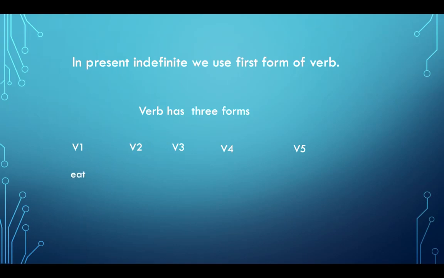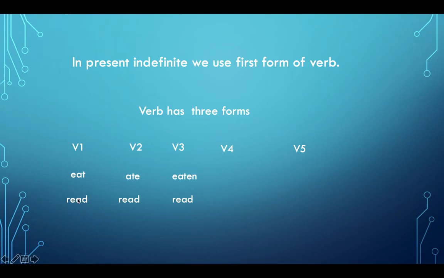Now let's take an example of each V1, V2, V3 and how we take the verb here in each tense. V1 verb first form eat, second which is past, ate, third participle, eaten. Then read, read, read. Children, here read, the spelling is the same in all three, but in pronunciation there is a variation.